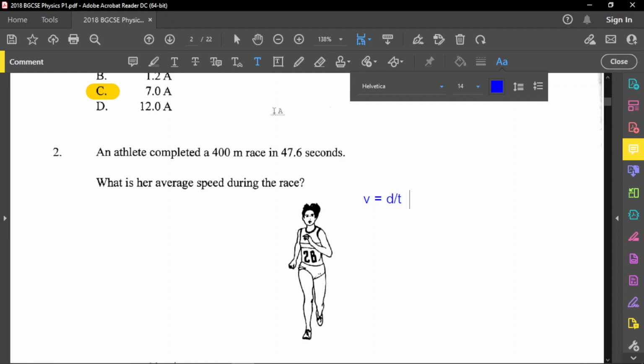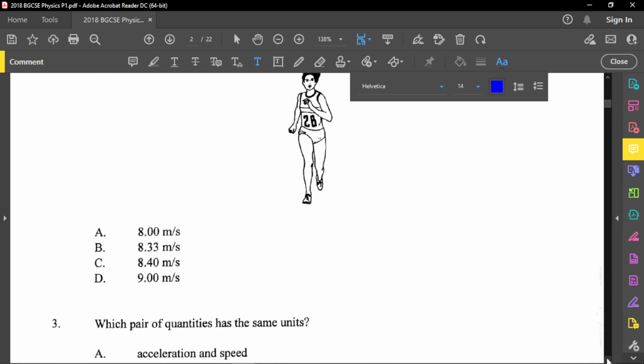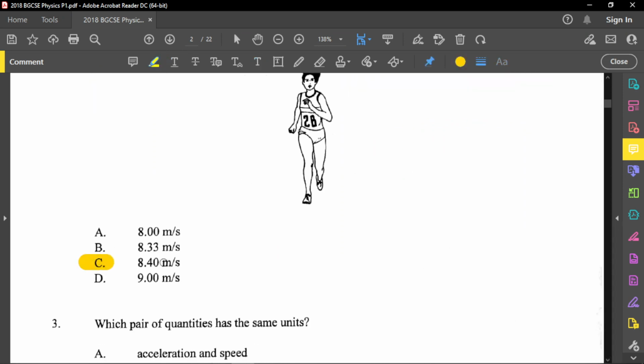The distance here is 400 meters, divided by the time, which is 47.6. And that will give us a value of 8.4 meters per second. So the answer should be 8.4 meters per second, and therefore C is our correct answer.